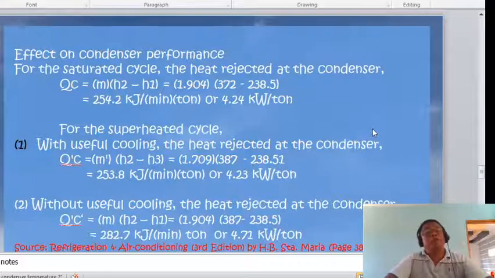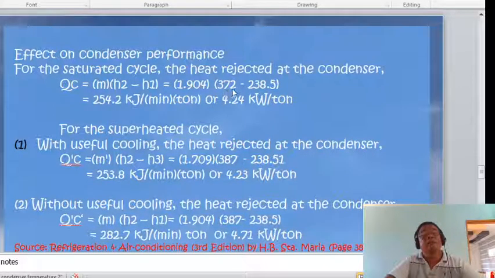Effect on condenser performance. For QC, or the heat rejected, for the saturated cycle, the heat rejected is 1.904, the mass, multiplied by 372 minus 238.5. The value now is 254.2 kilojoules per minute per ton, or 4.24 kilowatt per ton.